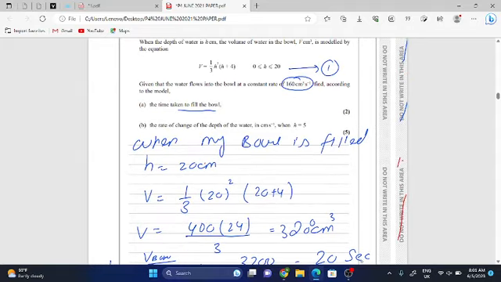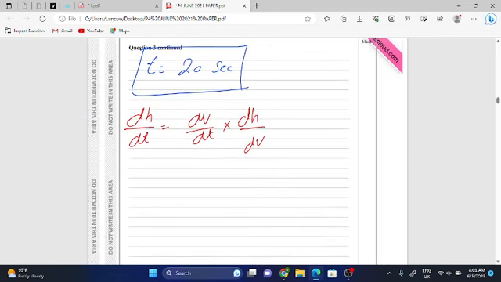Given that the water flows into the bowl at a constant rate, it means that this is dv by dt. It's given to me, that is 160. So plug back its value over here, that is 160.